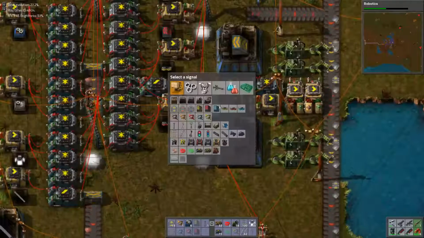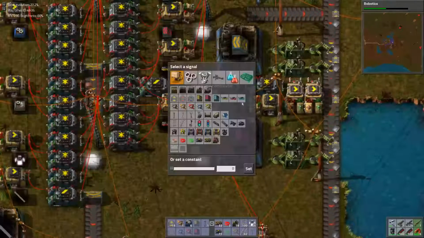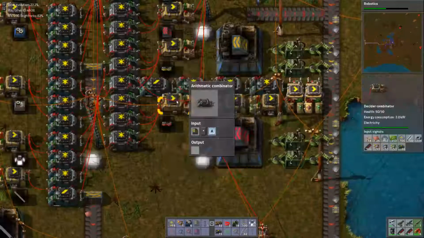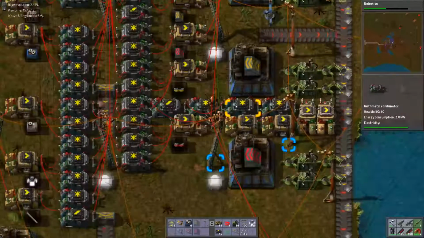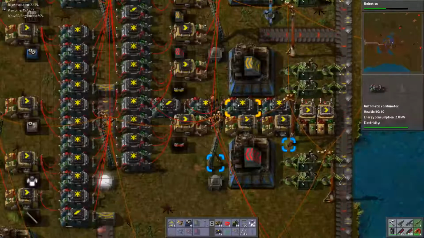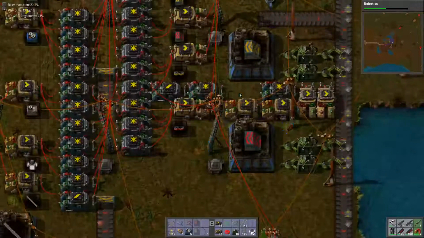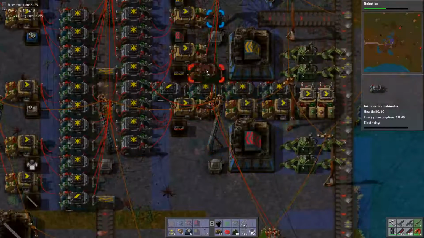So this takes our input, multiplies it by the dummy signal. No, it doesn't. I mean, that's what that will do, but this can't do it.